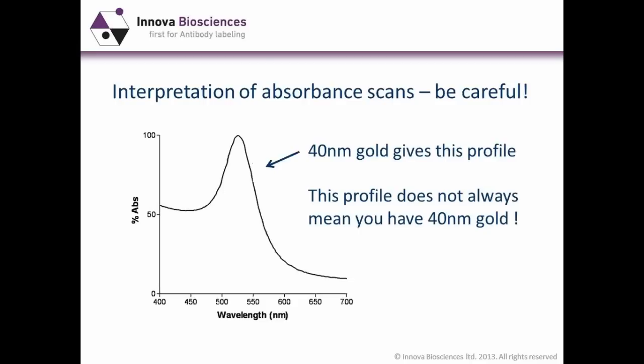Okay, just a cautionary note about absorbance scans. 40 nanometer gold gives this profile with a fairly narrow plasmon band. These are spherical particles. Now, if you have this profile, it doesn't mean you've got 40 nanometer gold. You might have, but it doesn't prove it.